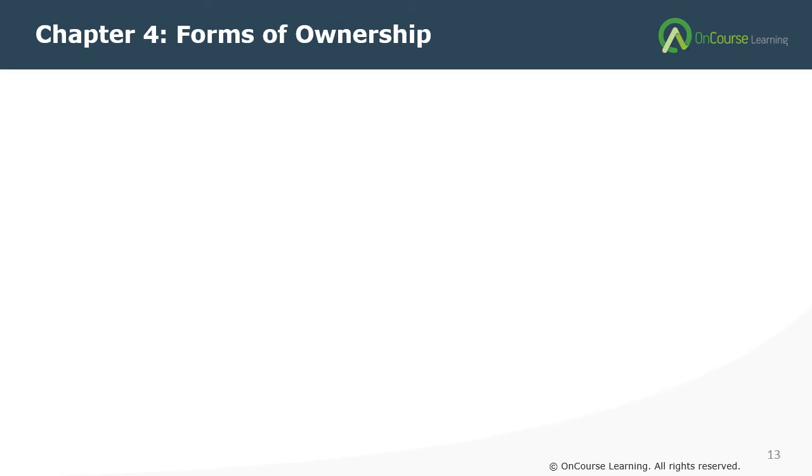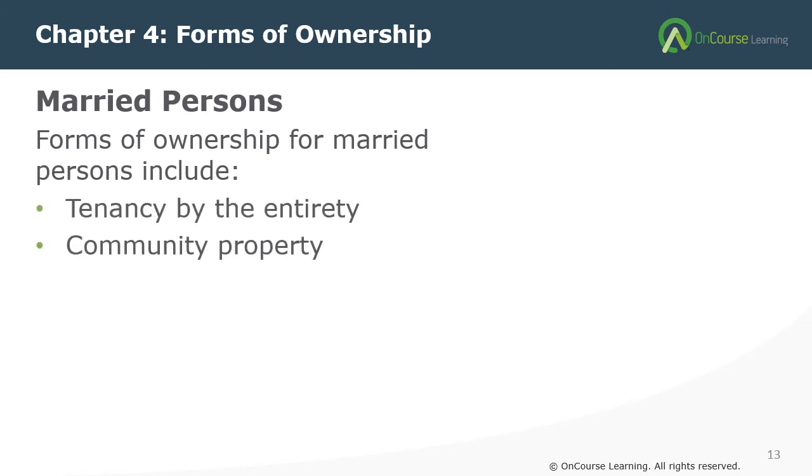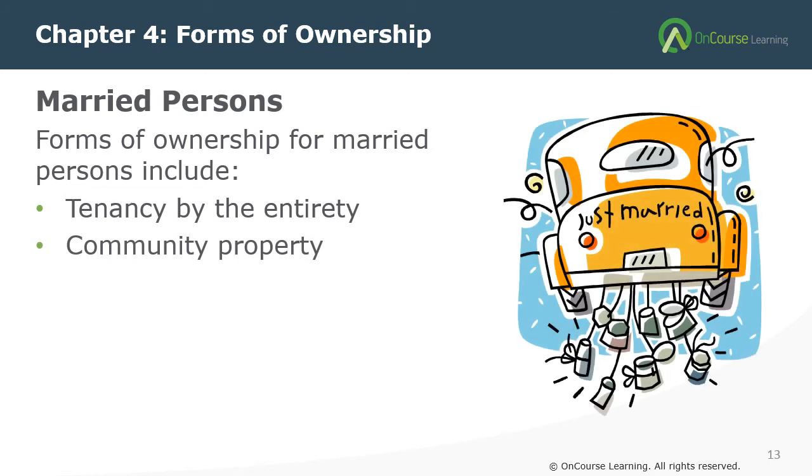What about concurrent forms of ownership between married persons? Some forms of concurrent ownership between married persons include tenancy by the entirety and community property. So let's distinguish between the two. Tenancy by the entirety has the right of survivorship.